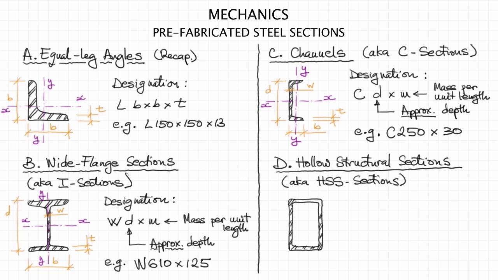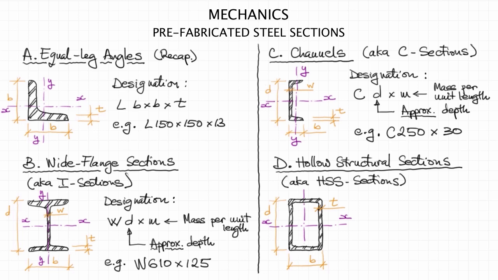So these would be the depth D, and the width of the section. Again, these are external dimensions. The width B, and the wall thickness of the section denoted by T.